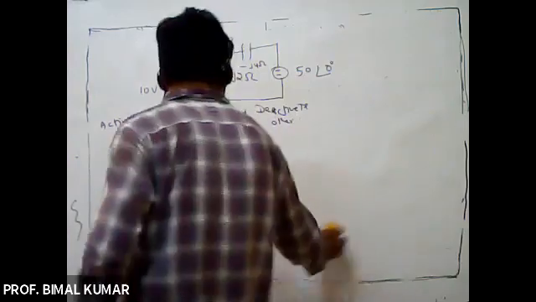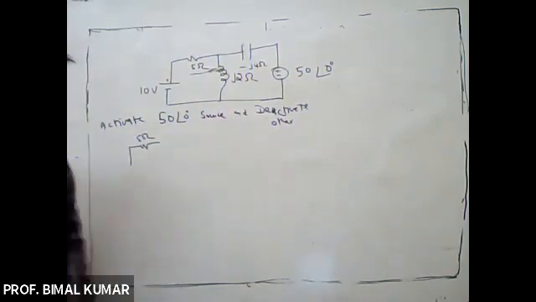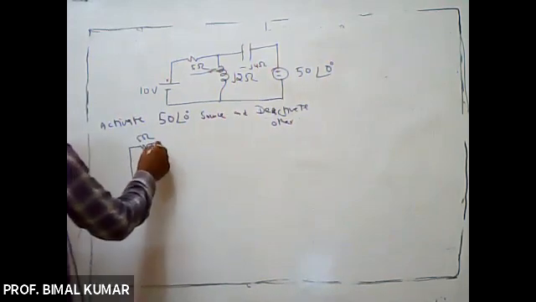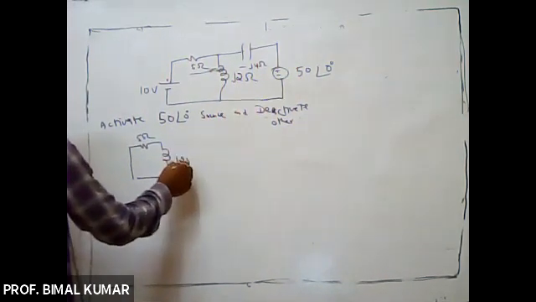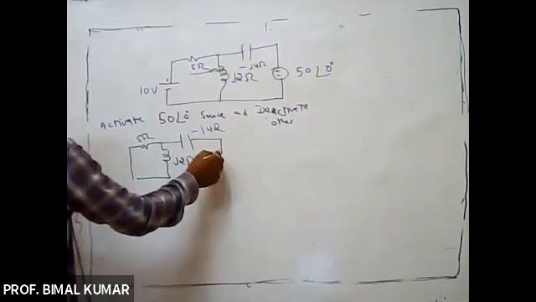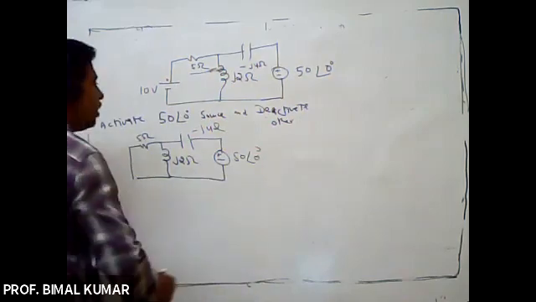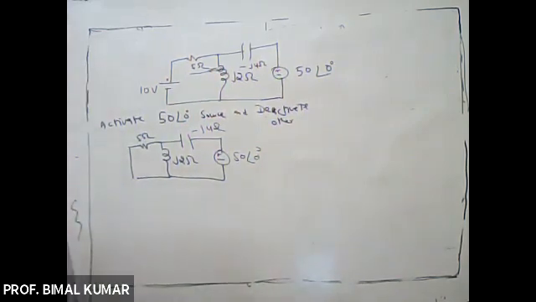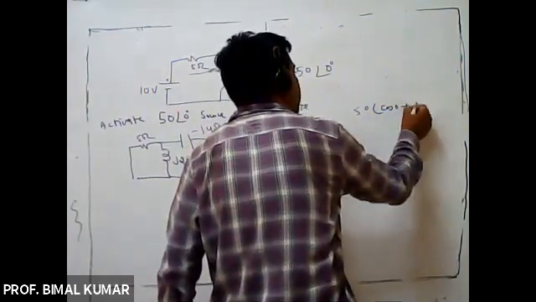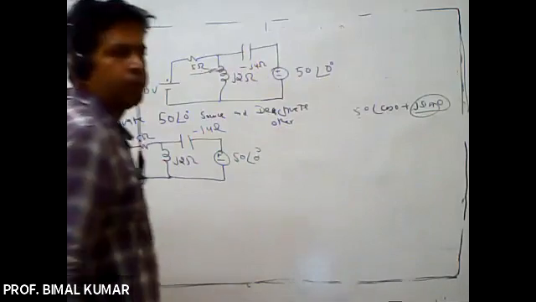So just continue with the same numerical here. This is your 5 ohm resistance. This voltage source will be short circuited. This is j2 ohm, then this will be minus j4 ohm, then here it will be 50 angle 0 degrees. 50 angle 0 means simply 50, because 50 into cos 0 plus j sin 0, and j sin 0 is 0, so this will be only 50 volt, right?